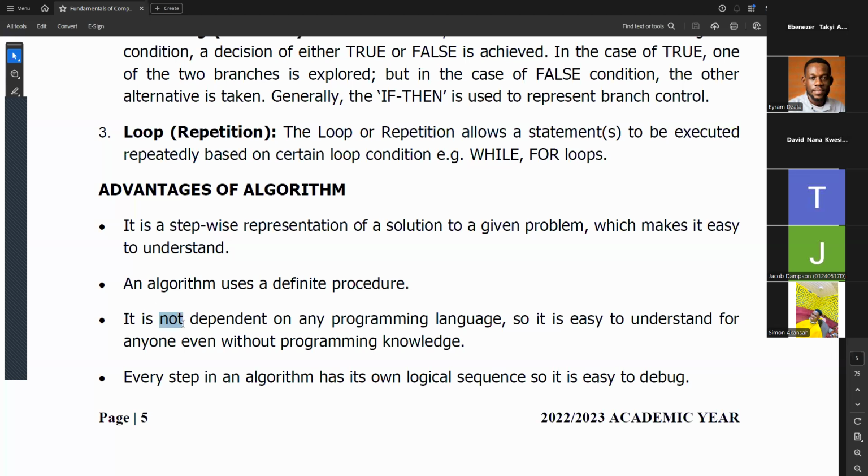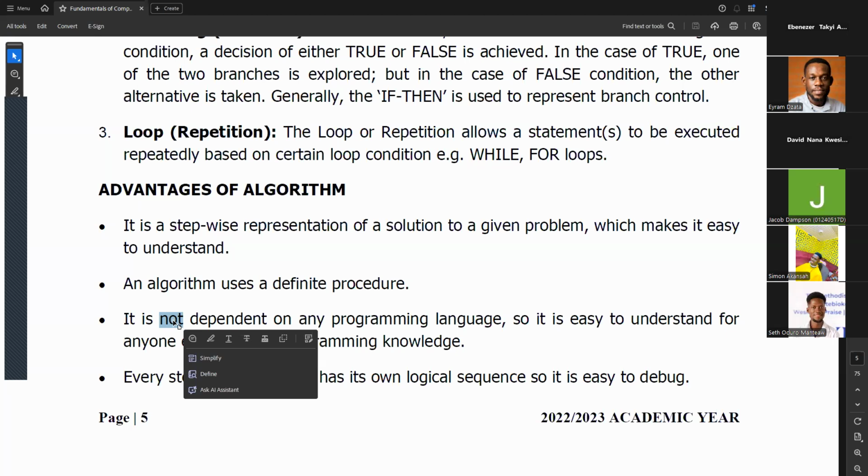If you want to solve a problem, you have an algorithm, and it is written such that even if you don't have an idea of programming at all, you should be able to take the algorithm and understand it. That's why we say it is not dependent on any programming language.